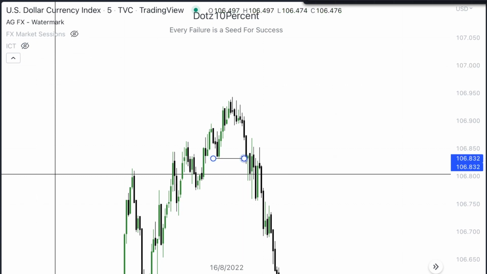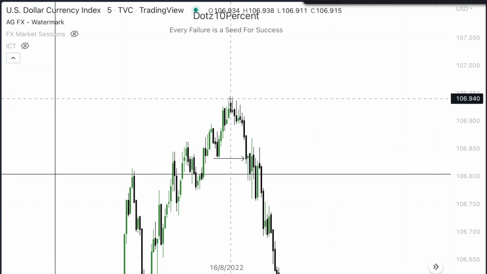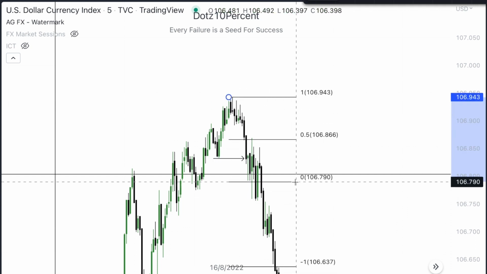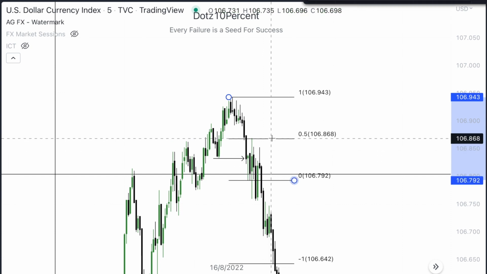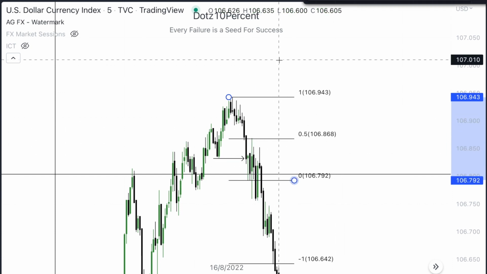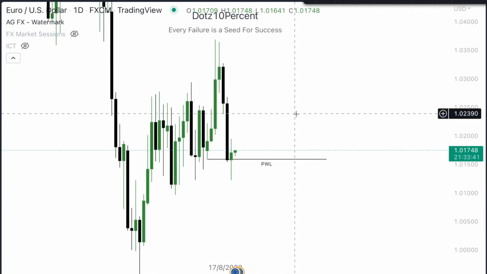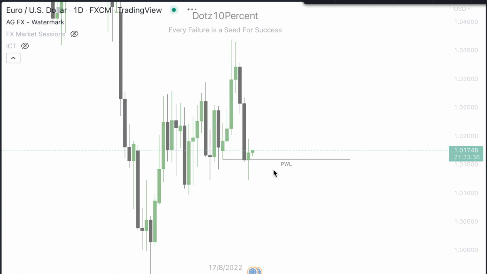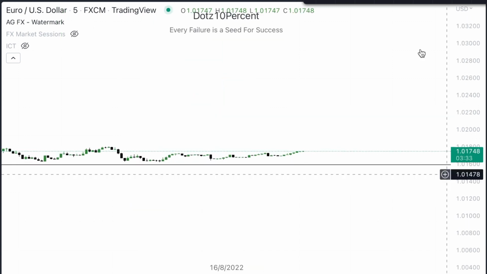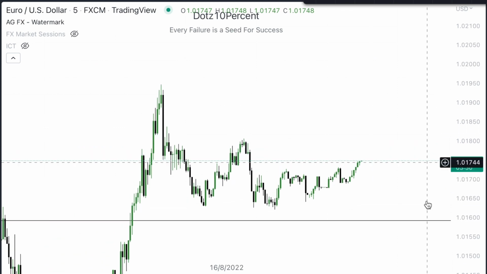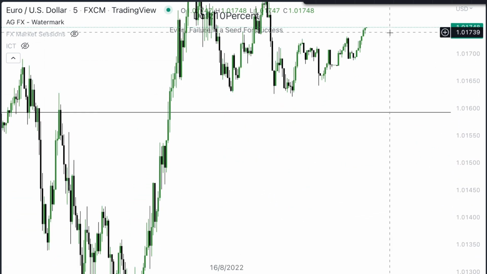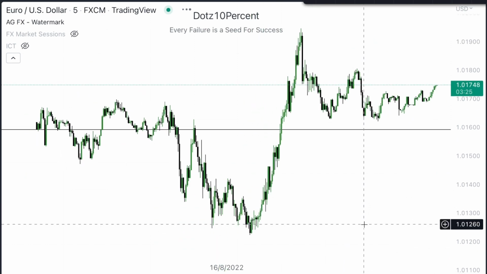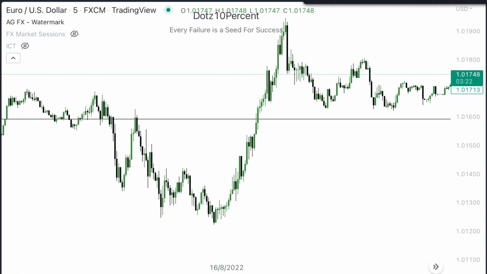As you can see, I did try to get entry of this for us, but unfortunately price only came to 0.5. It had a very similar move. Let's come down to our lower time frames. So yeah, the market structure shift happened here.